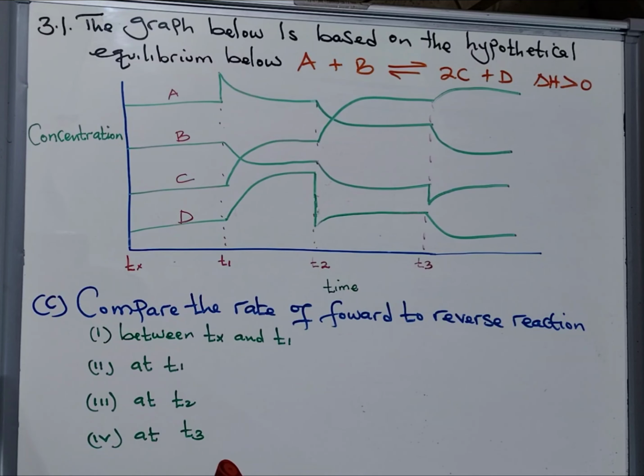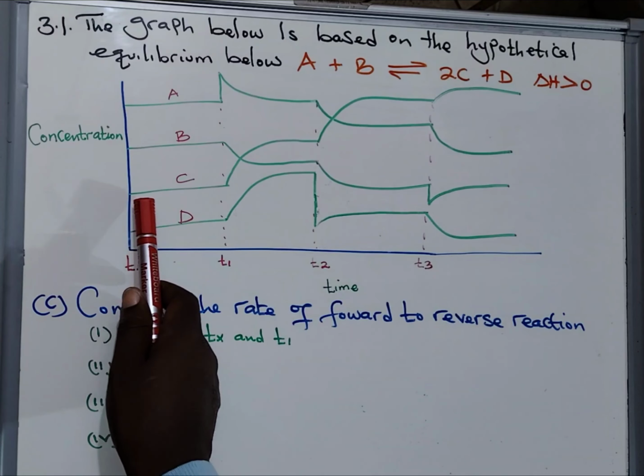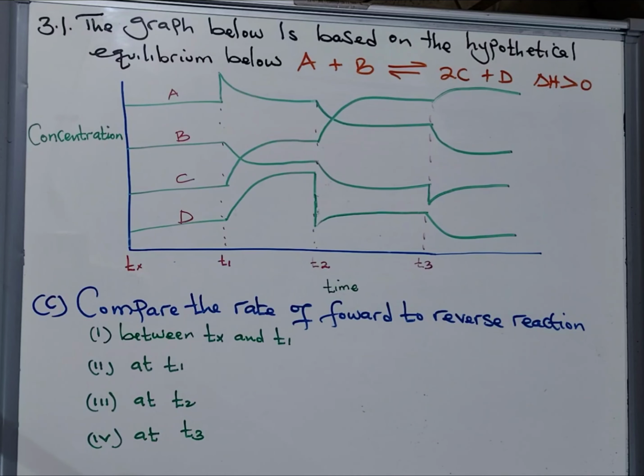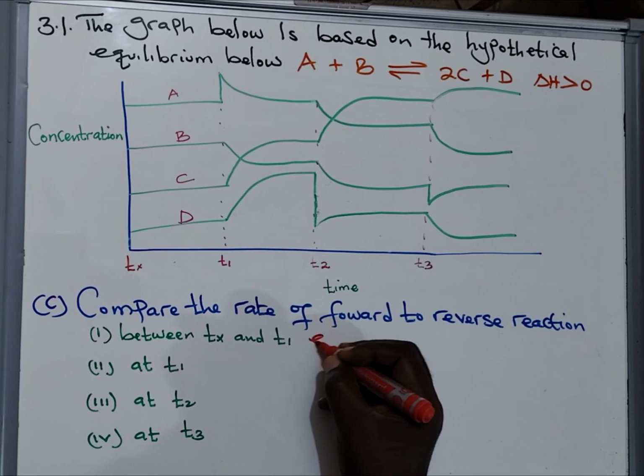And what do they mean? They represent equilibrium. And what does equilibrium mean in terms of rate of forward and reverse? We have to remember that at equilibrium, the rate of forward reaction is equal to the rate of reverse reaction. So the answer here is equal.